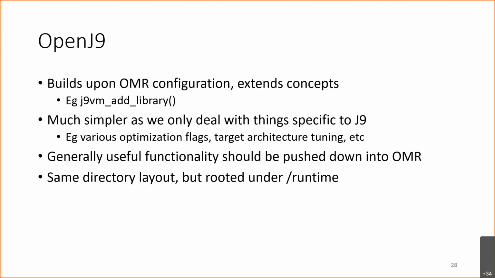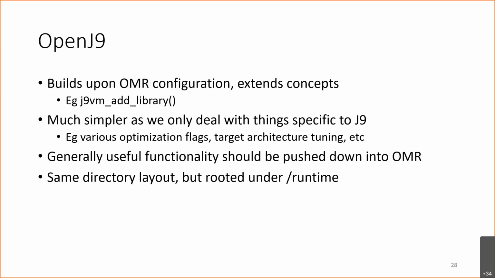Also, we have the same kind of layout in terms of configuration, splitting things out into OS, architecture, and then toolchain. But this is much simpler because we only deal with things that are specific to J9, our various micro optimization flags, target architecture tuning, things of that nature.